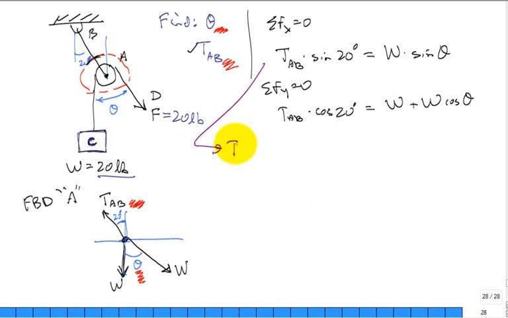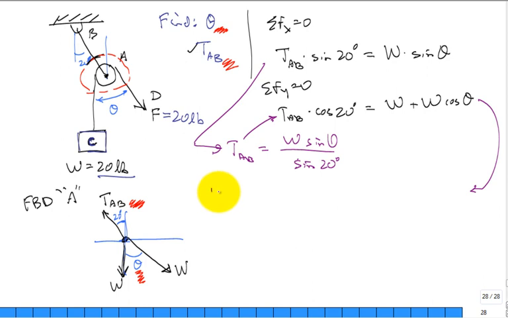But you want to write TAB is equal to W sine of theta divided by sine of 20 degrees. Substitute that in the second equation. So we rewrite our second equation, and we get W times the sine of theta divided by the tangent of 20 degrees equal to W times 1 plus the cosine of theta.